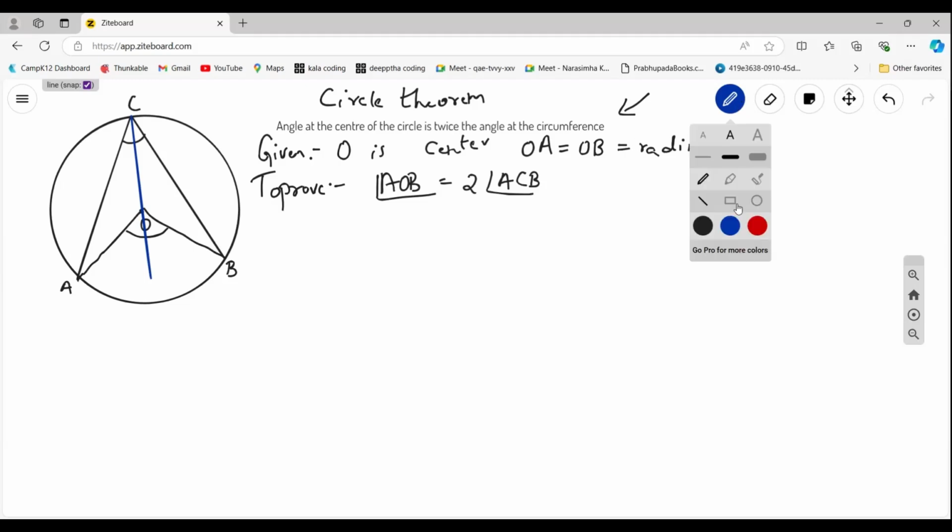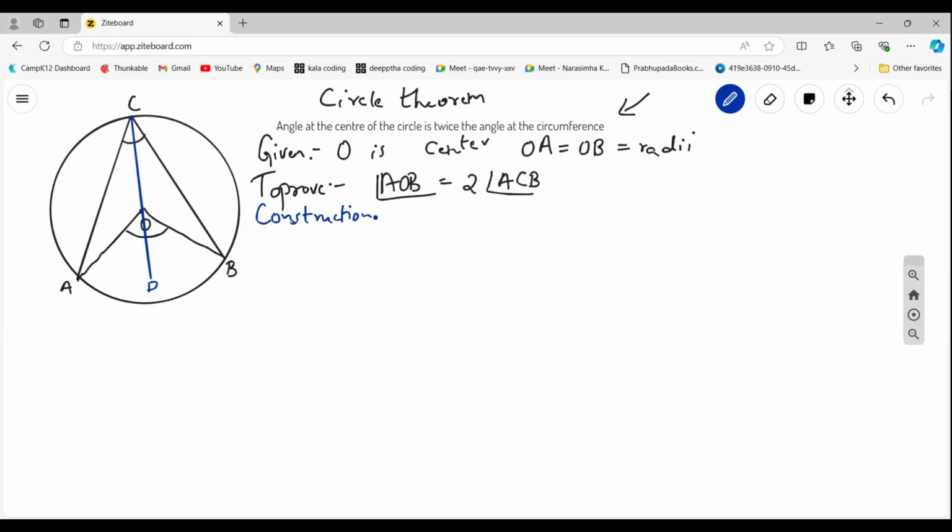That OC also becomes a radius. Let's name this extended point D, let's say. So this is our construction. The construction is: join OC, which is equal to OA, which are radii, and extend it to D.